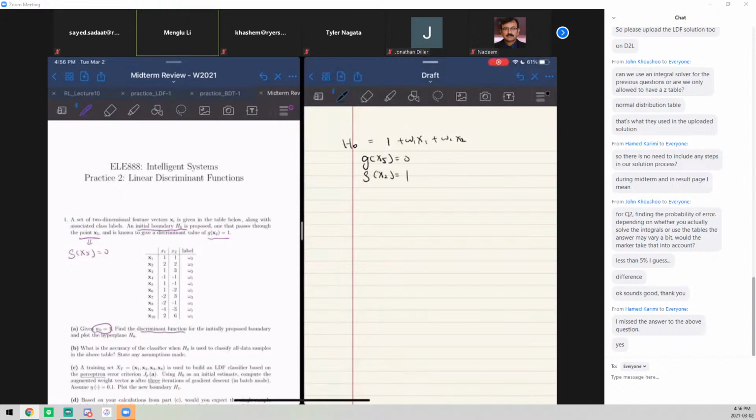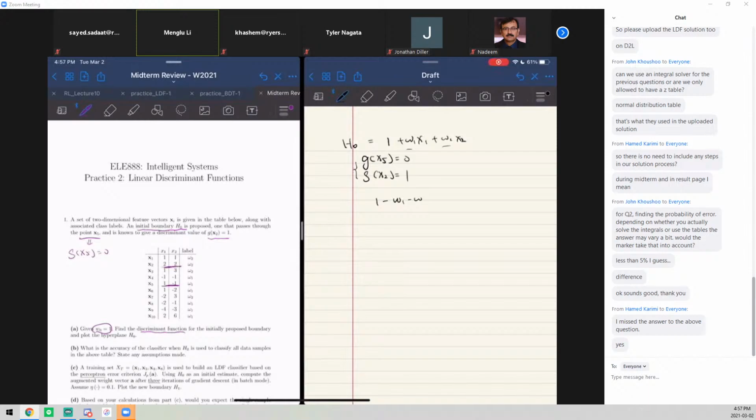We have two unknowns and two equations, so we can calculate the value. It's 1. The x5 is these two, x2 is these two.